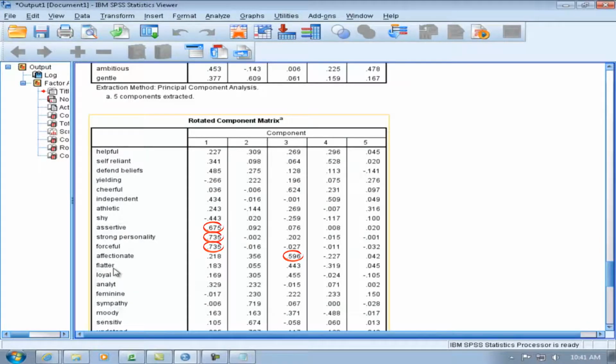And then flatter, factor 3. Loyal, factor 3. Let's see, analytic, I think that's what that is. It doesn't load on anything, right? Cross out analytic. Okay, it fails to load on any factor.